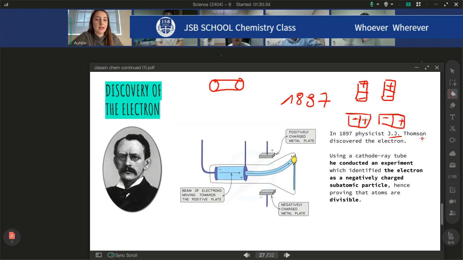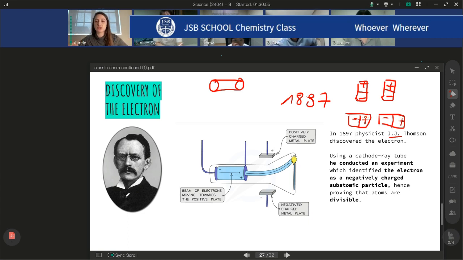Okay. And then opposite logic, if you have negative and negative, what happens, Alice? If you put negative and negative next to each other? They push on others. Exactly, they will push each other away, right?